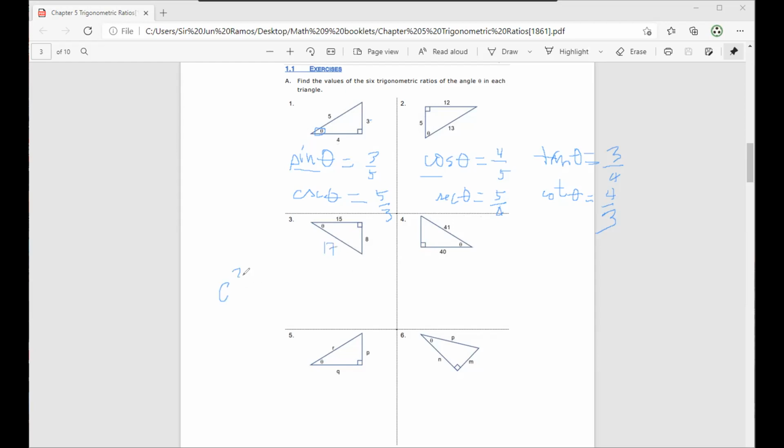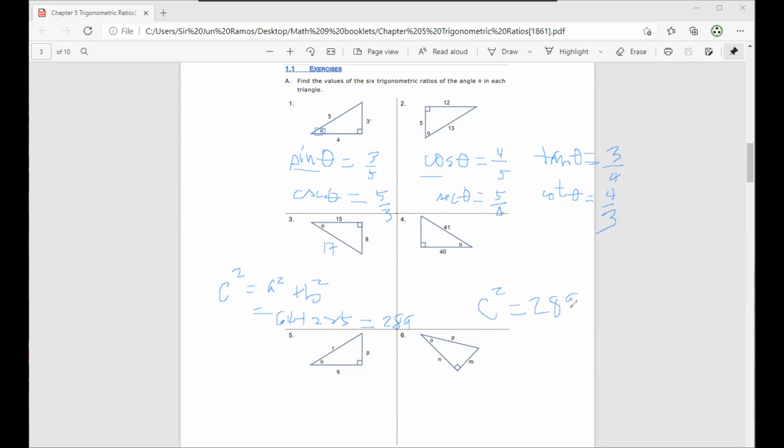What's the Pythagorean theorem? c squared equals a squared plus b squared. And a here, let's say, is 8. So that's 64, plus b is 15, that's 225. And you will get here 289. So c squared equals 289.